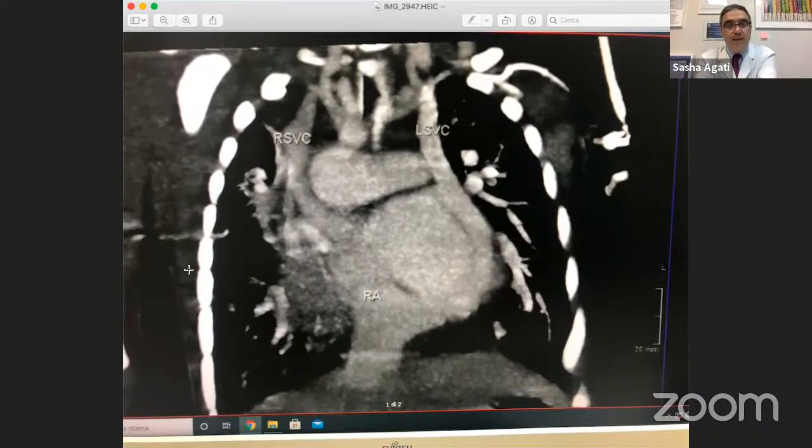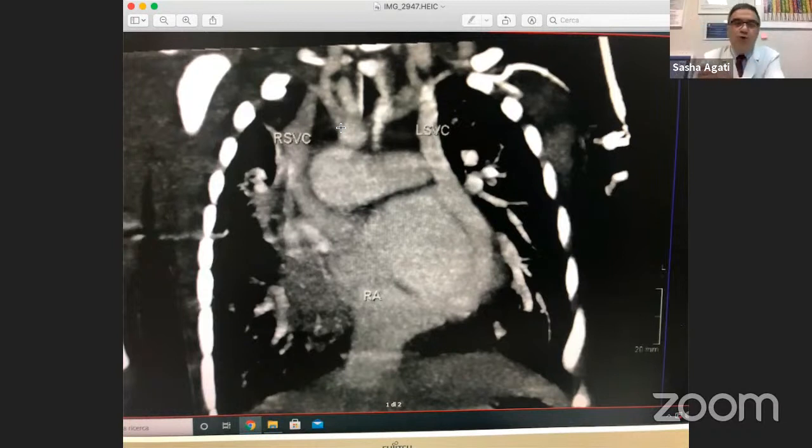There is a double superior vena cava, the right and the left, coming into the right atrium. There is a huge pulmonary artery arising from an anterior left ventricle, and the aorta is on the right side, coming posterior from a right ventricle.